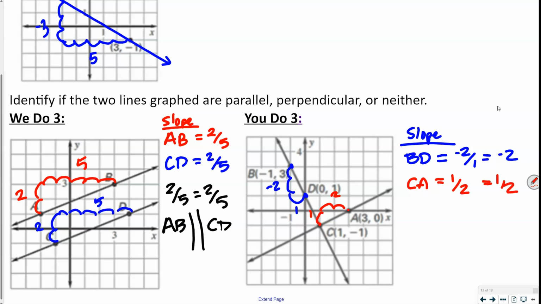So what can we say about these slopes? Are they negative reciprocals of each other? Is one positive, one negative? And remember, 2 is 2 over 1. Okay, so that, yes. So we can say that BD, line BD, is perpendicular to line CA. And again, remember that upside down capital T.